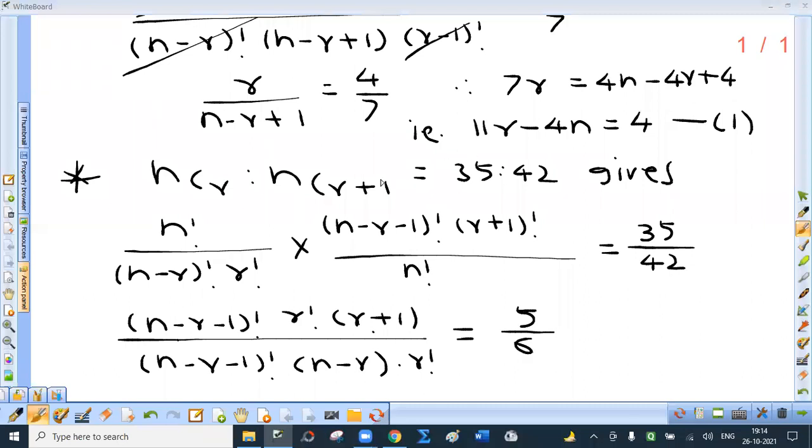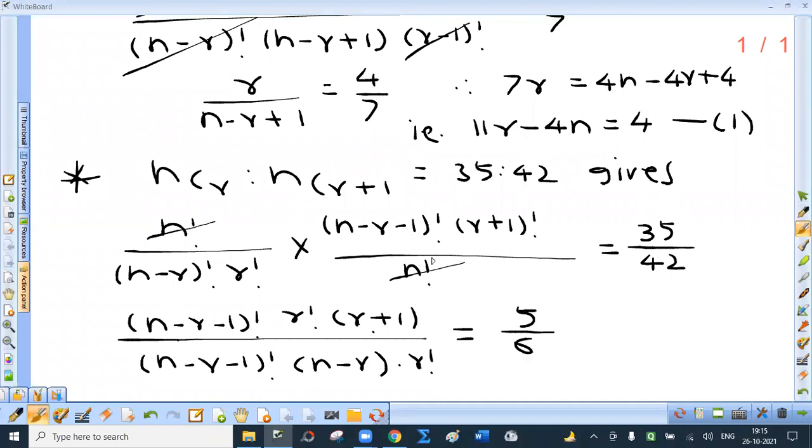Now we consider this ratio. nCr is to nC(r plus 1) is 35 is to 42. I omitted one step. nCr is n factorial upon n minus r factorial into r factorial, upon nC(r plus 1), that is n factorial upon n minus r minus 1 factorial into r plus 1 factorial. So eventually this goes to the numerator. Now n factorial gets cancelled.